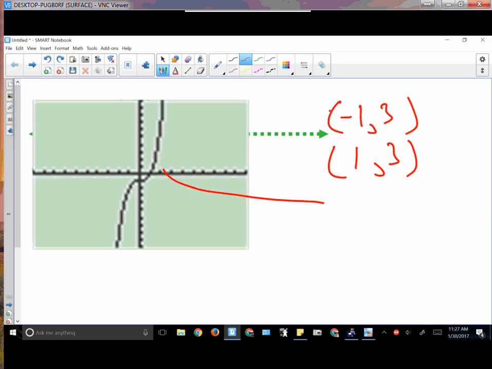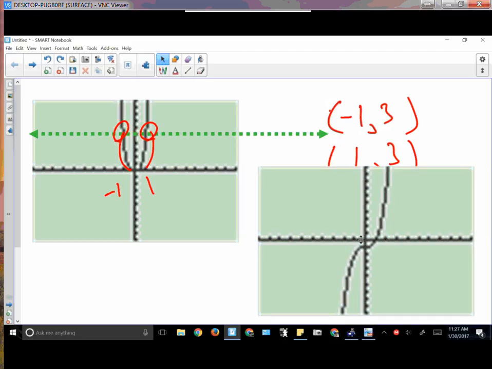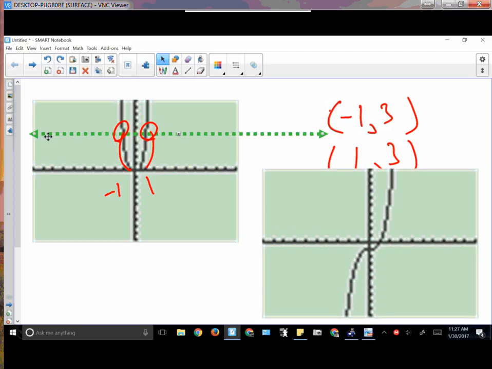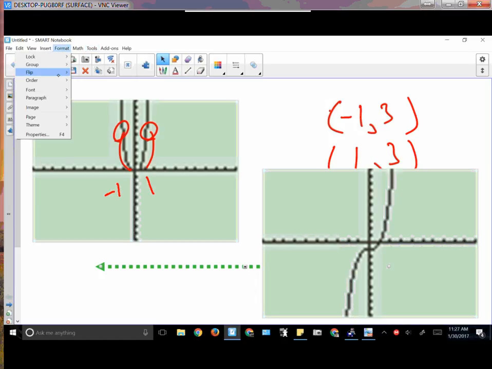Now I go and take a look at what happens with this one, and if I grab my line and I drag it through, always helps if I move that to the front. Let's see, format, border, bring to the front, there we go.